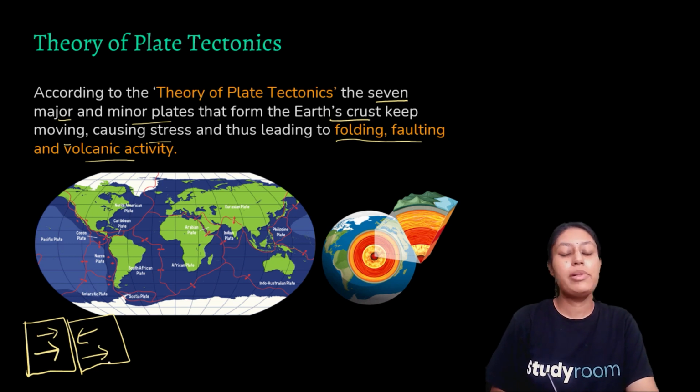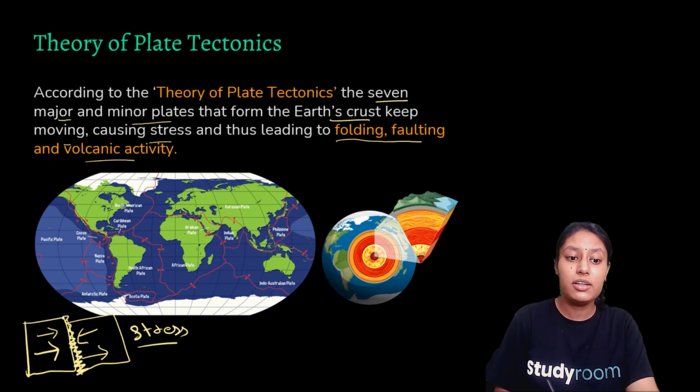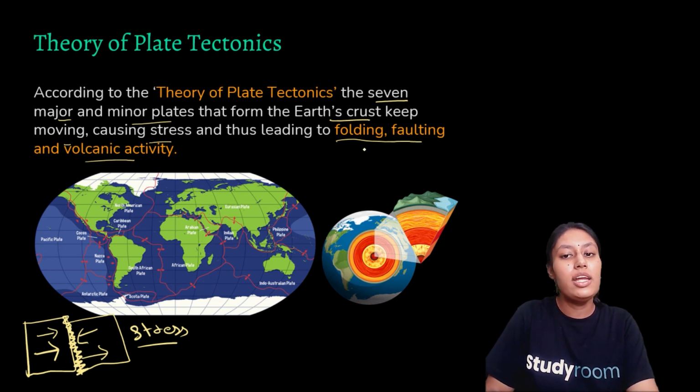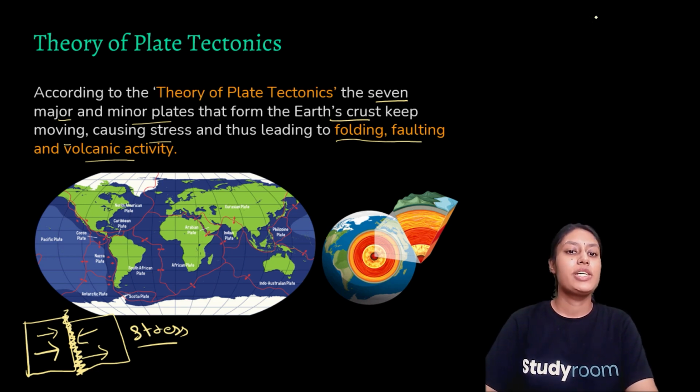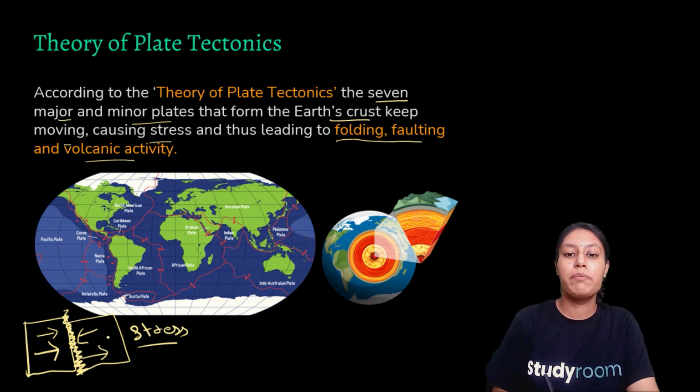Their movement causes stress within the plates and leads to these three different types: folding, faulting, and volcanic activities, which further create changes in the physical features. So this is basically the tectonic plate theory: stress within the plates due to their constant movement, which leads to folding, faulting, and volcanic activity.